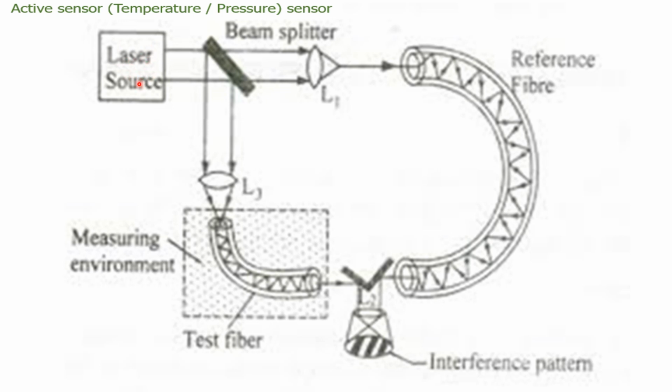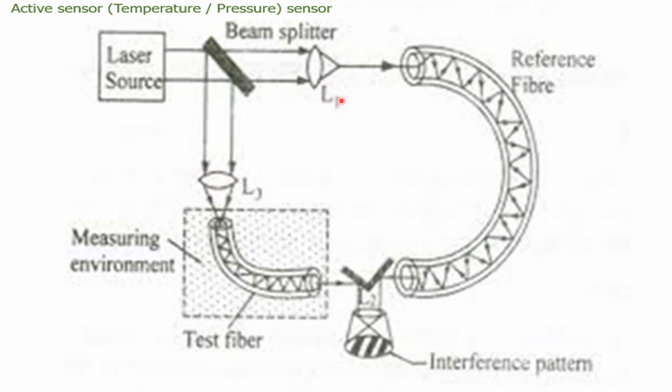Laser source is emitting light which falls on the beam splitter. So part of the beam gets transmitted, part of the beam gets reflected. The one which is getting transmitted will fall on the lens setup L1. The one which is getting reflected will fall on the lens setup L3.